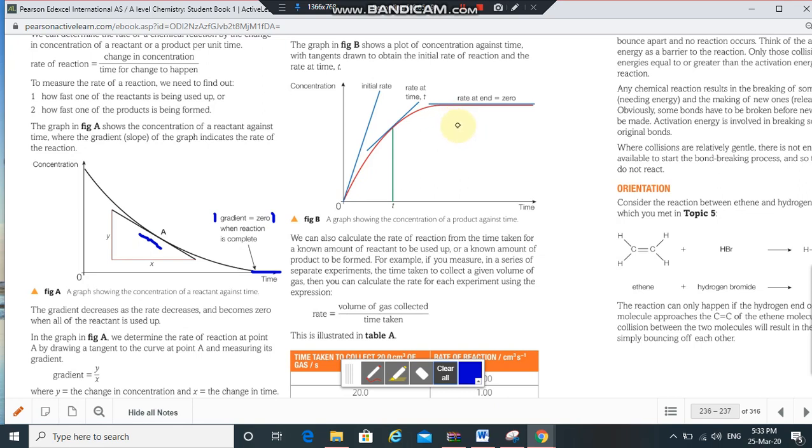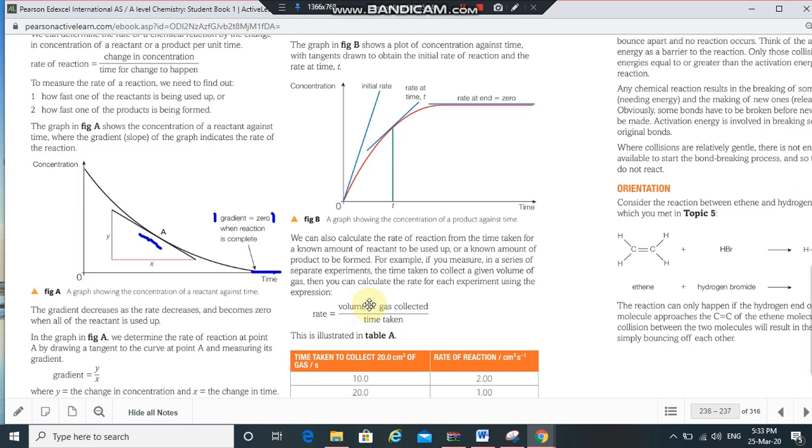Okay, in some chemical reactions, we can produce gas. So we can use this phenomenon in order to find the time taken for collecting that gas in order to measure your rate of reaction. So let's assume we have a reaction between calcium carbonate and hydrochloric acid.